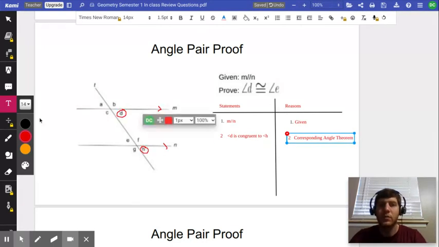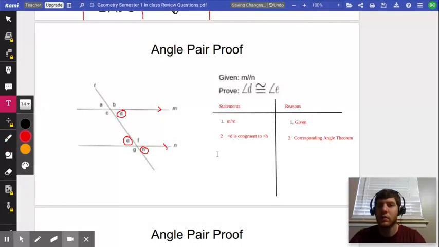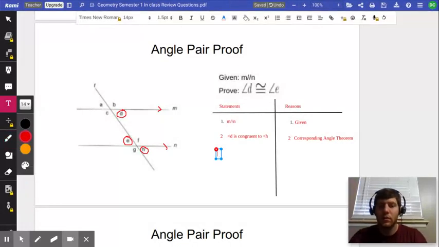Okay, we're now at H. We're trying to get to E, so we can go straight from H to E. Those are vertical angles, and the vertical angle theorem tells us vertical angles are congruent. So step 3 here is going to say angle H is congruent to angle E.